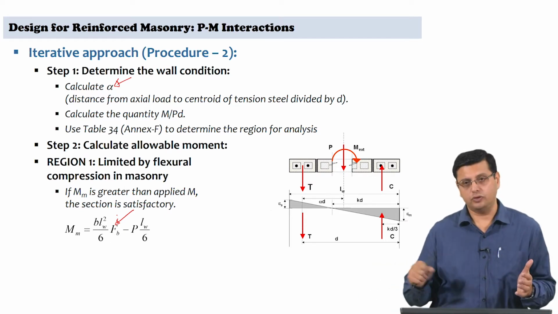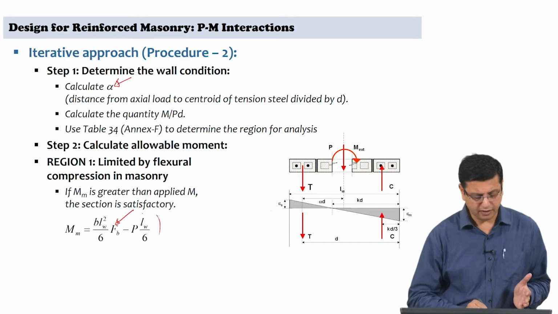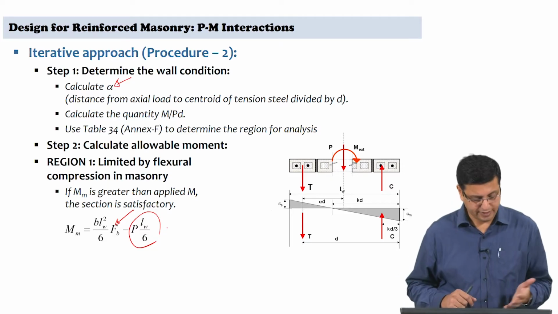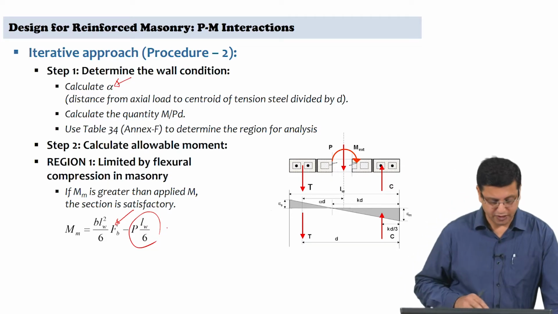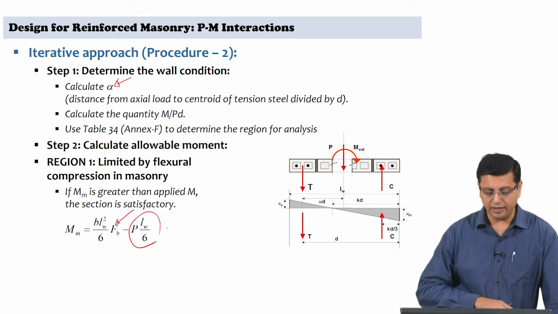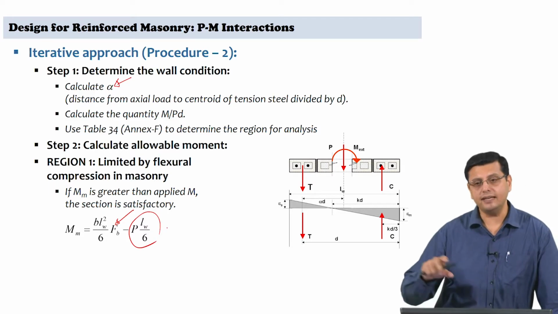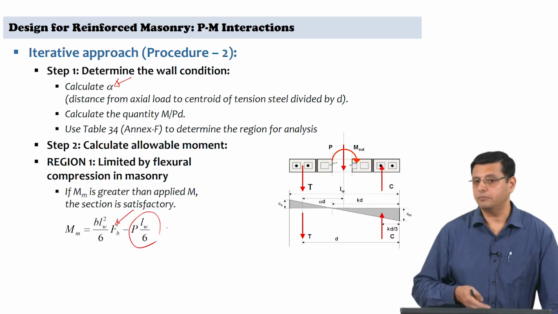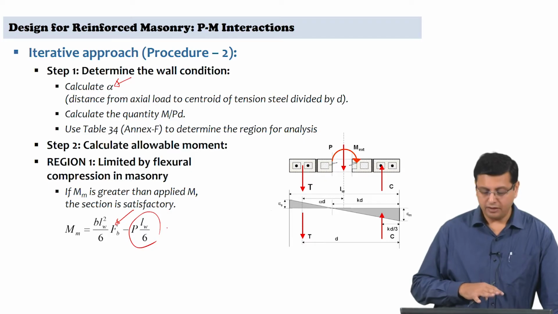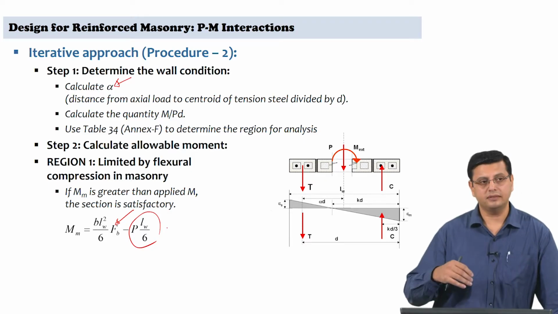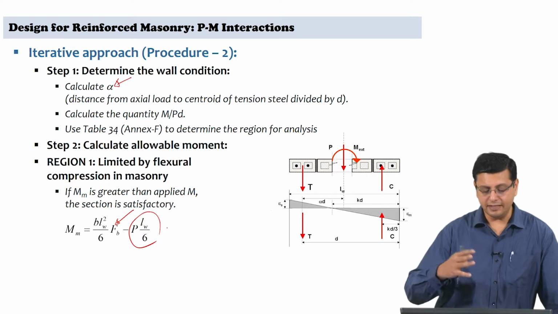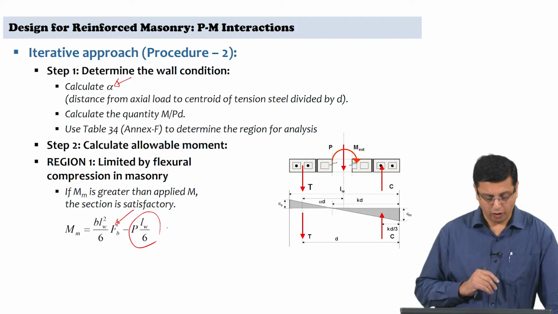Of course, you will have to reduce from this the effect of eccentricity of the load itself, and that is the part that you see. So if Mm calculated when you are in region 1 is greater than the external moment that the wall is subjected to, then you have a wall cross section that is designed sufficiently to address the P and M expected on the wall.